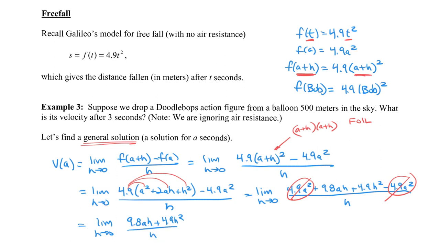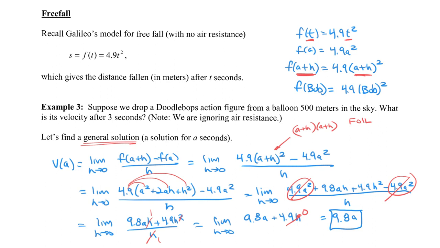All of them have a factor of h, so we can cancel an h out of all of them. H goes into there one time. This becomes just h. So we end up with the limit as h approaches 0 of 9.8a plus 4.9h. And now we can actually take the limit. H goes to 0, and we are left with 9.8a. So our velocity at any time a is 9.8a.